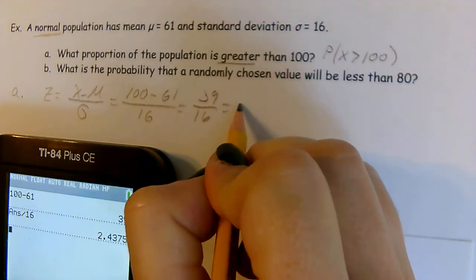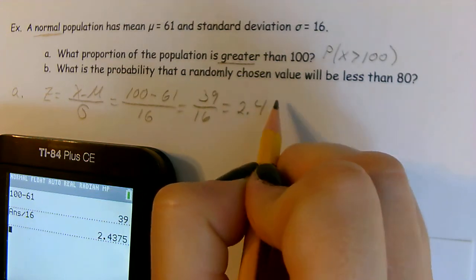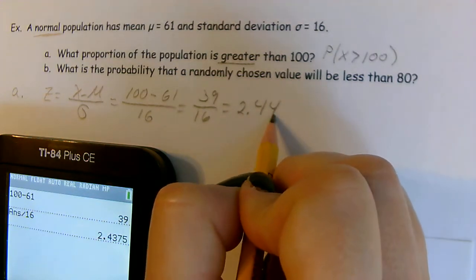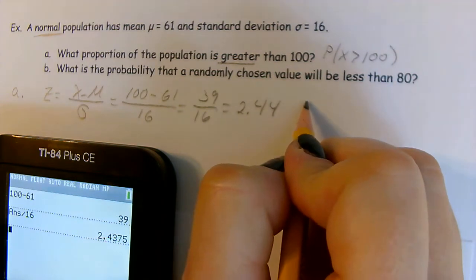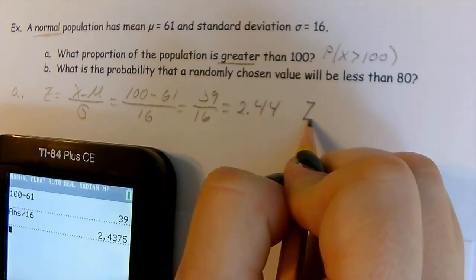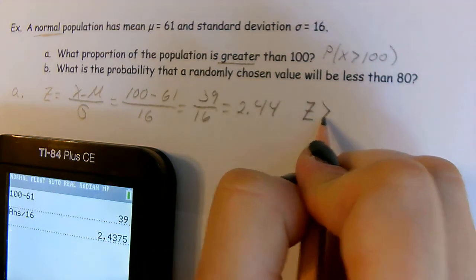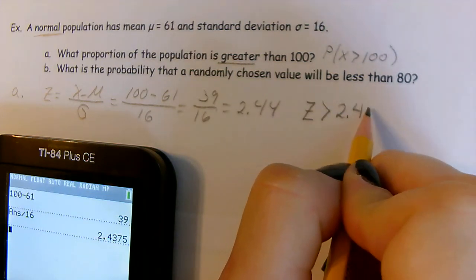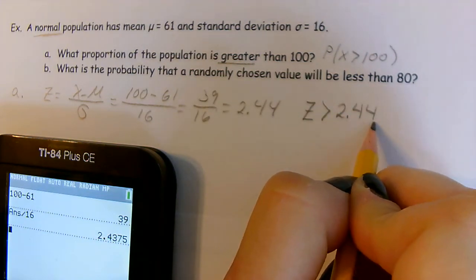This is a z-score, so I'm rounding this to 2 decimal places. So I want the area of the curve to the right of or greater than a z-value of 2.44.